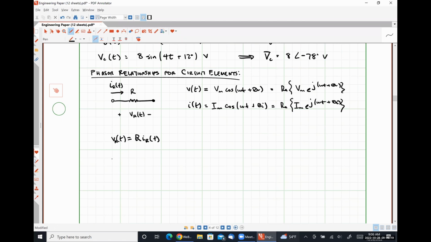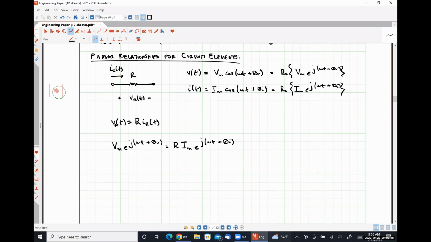So the voltage is Vm e to the j omega t plus theta V. And this will be equal to the resistor value R times our complex representation of our current, Im e to the j omega t plus theta I. So what I'm going to do now is split my exponential functions up.